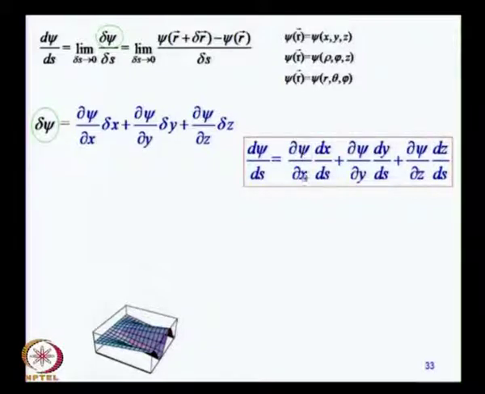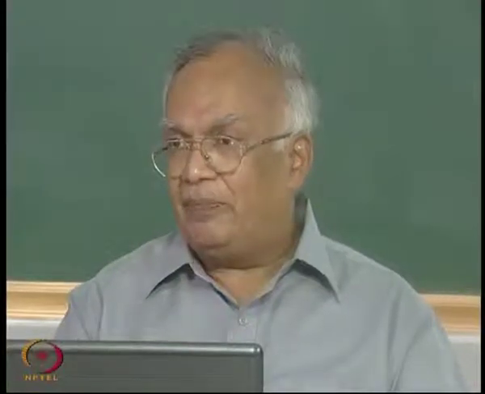So, there is a del psi by del x, del psi by del y, del psi by del z, and each of these rates is to be scaled by these scaling factors which are dx by ds, because in that particular direction how much has x changed through. So, that rate will also come in, right.